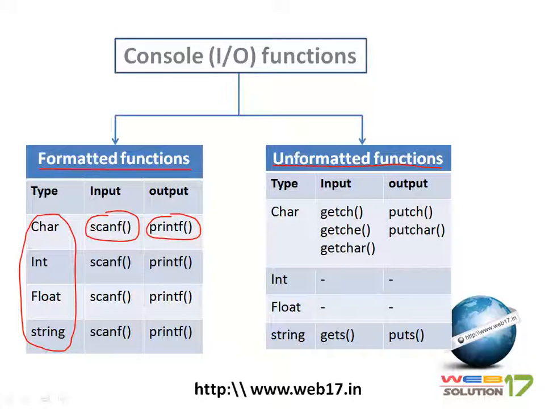In unformatted functions we have getch, getche and getchar for character input, and putch and putchar for output, and there is no function for int and float type. For string we have the gets function to input the data and the puts function to output the data. So we are starting now with printf.